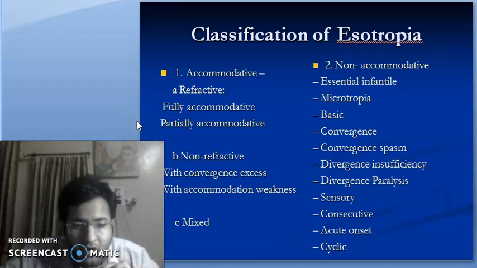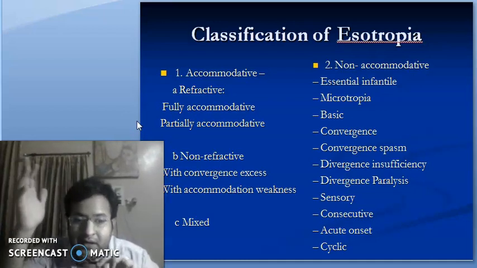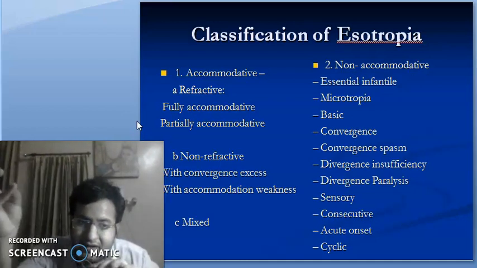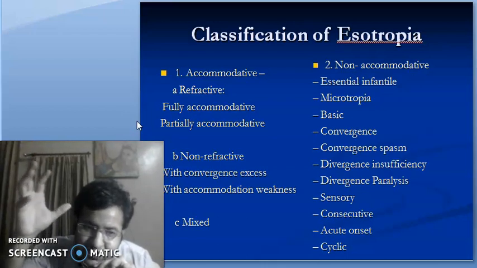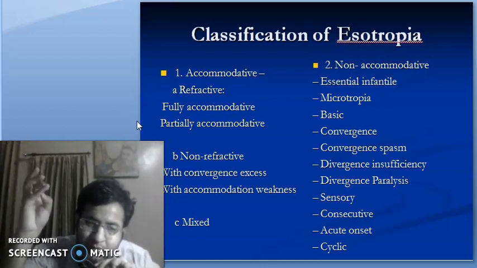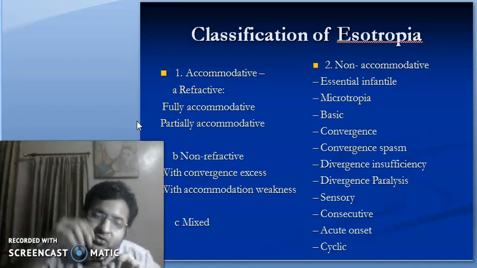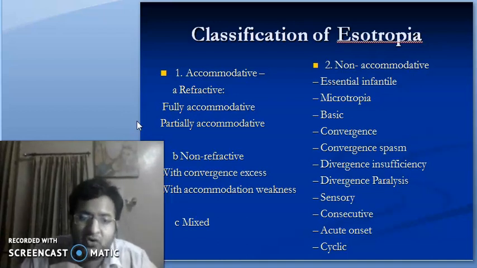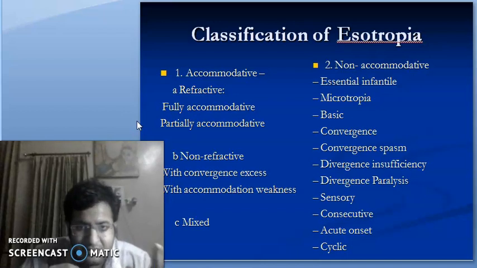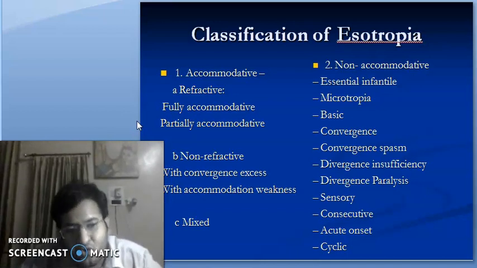We all know that whenever we accommodate, it has three parts: the near reflex, the convergence, and the pupillary miosis. One of the causes of esotropia is related to accommodation, the physiological mechanism used to see nearby objects.